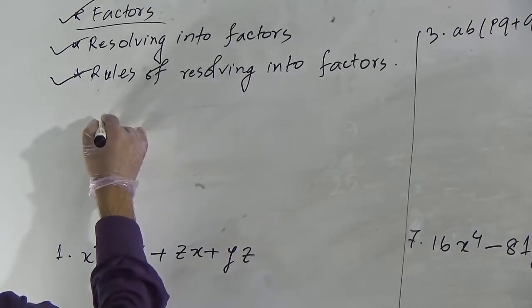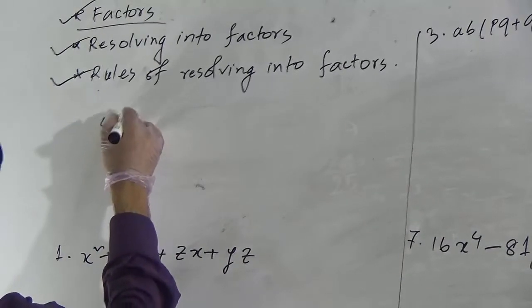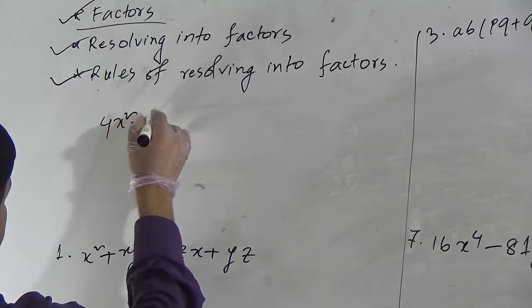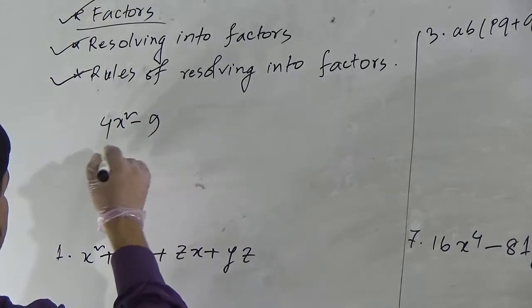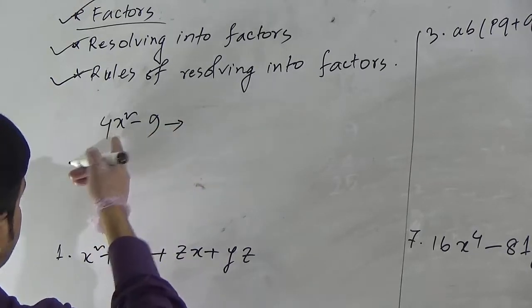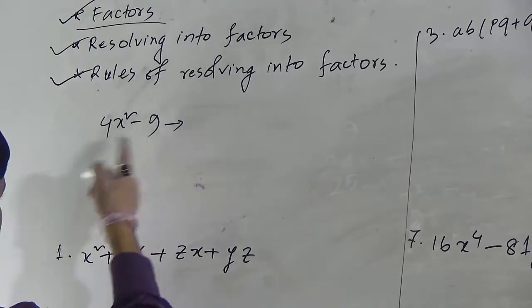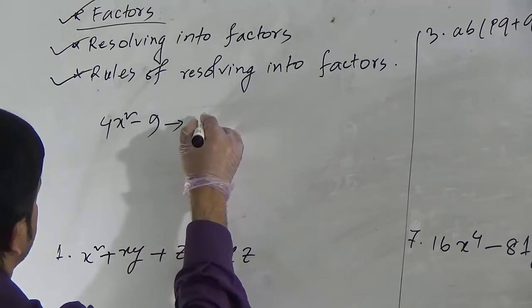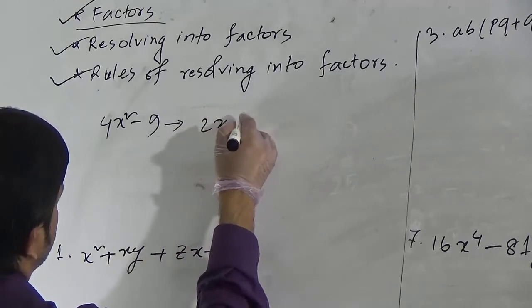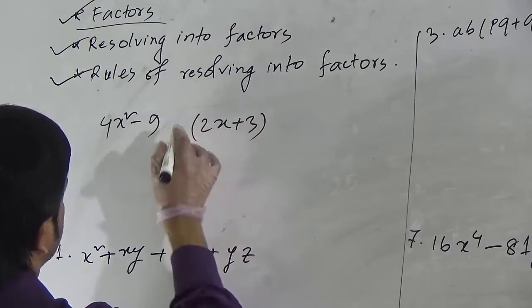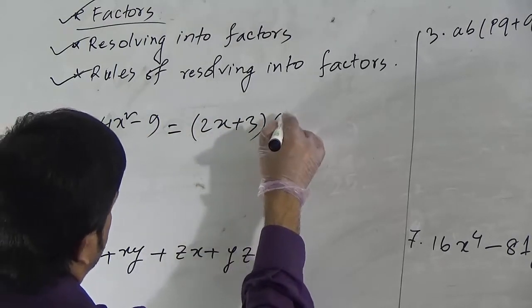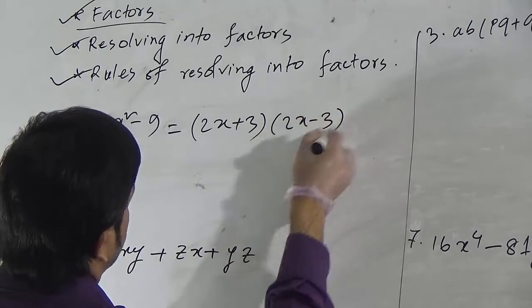Suppose 4x square minus 9 is an algebraic expression. We can divide 4x square minus 9 by 2x plus 3 and 2x minus 3.